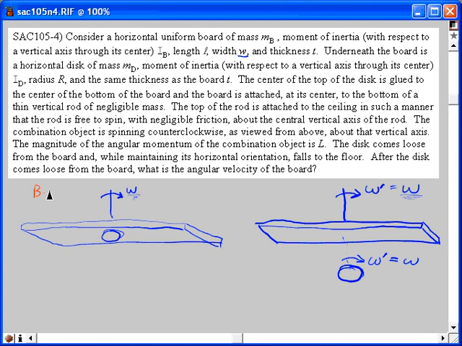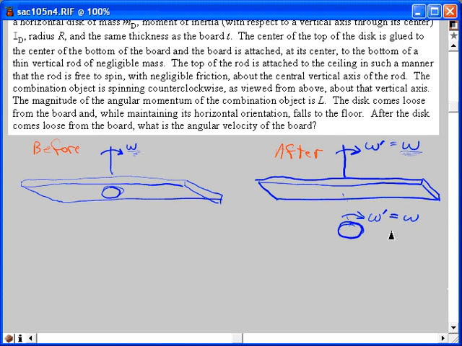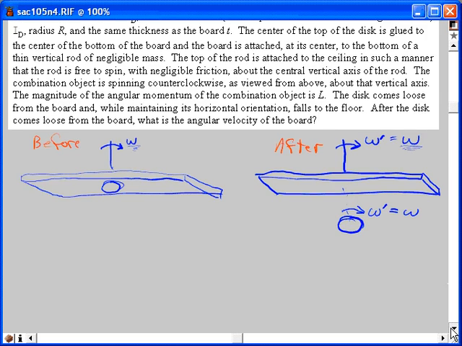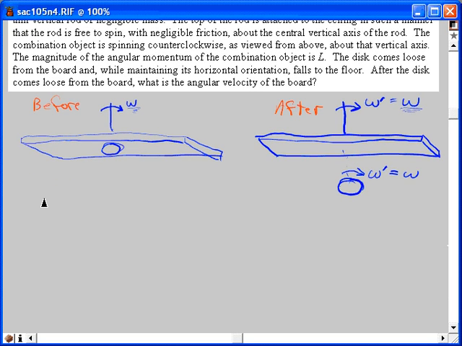I call this before and after. We've essentially solved the important part of it, that the omega doesn't change. So whatever it was before, that's what it is now. I'll express the total momentum, and I'll go, what's that?